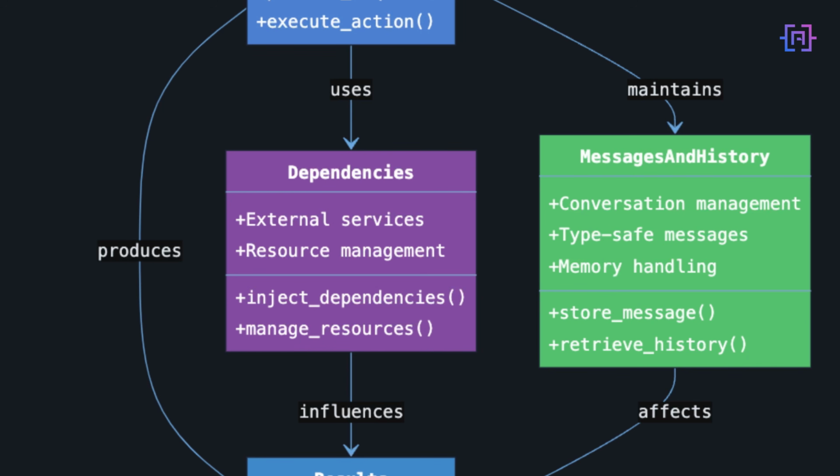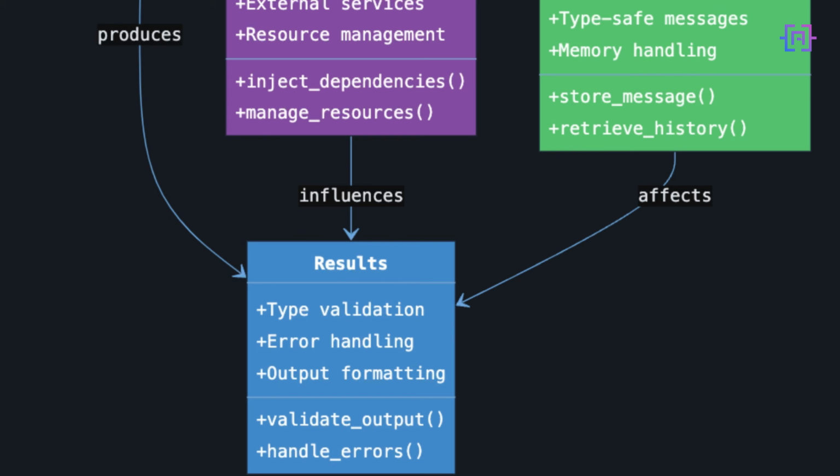The results component brings reliability and safety to our system through its comprehensive type checking and validation mechanism. Every returned value is strongly typed, ensuring data consistency throughout the application. The system includes robust error handling built directly into its core while maintaining carefully validated outputs that meet predetermined specifications.